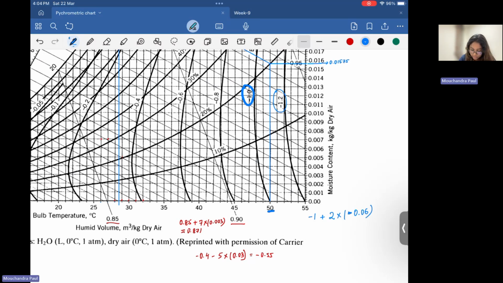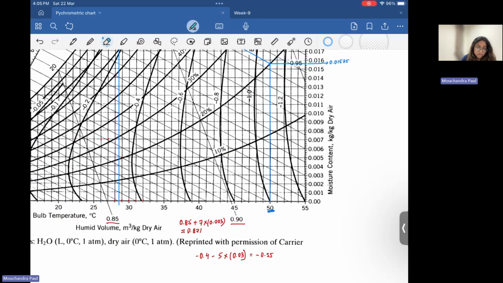So you should get close to -1.12. Okay, this point is close to -1.12. Oh, I'm sorry, I made a very silly mistake.